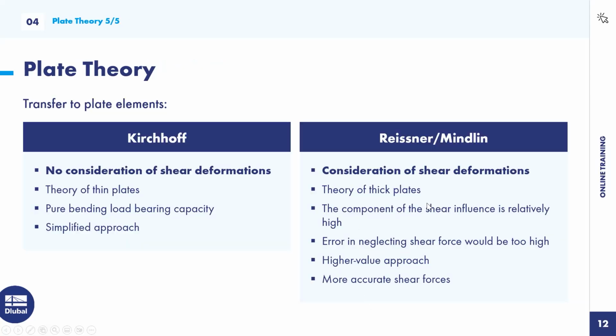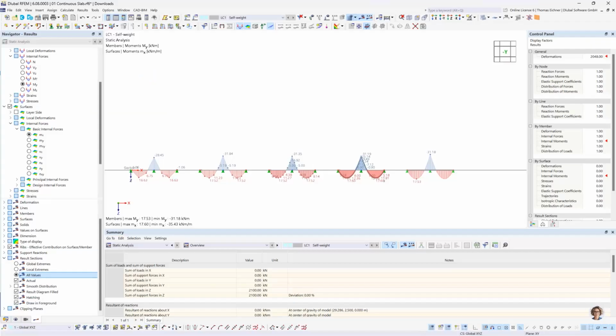This is the more accurate and better approach, so just stay with the Reisner-Mindlin theory. But you could need the Kirchhoff plate theory or some comparison for your exams or whatsoever, so I will just show you something in the program.